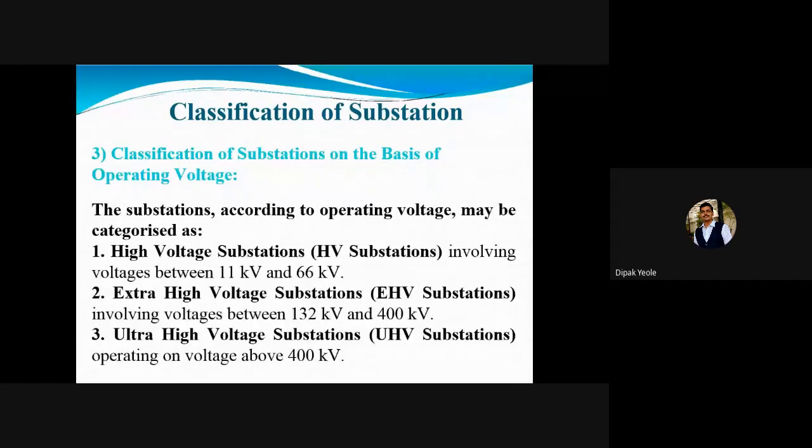And beyond 400 kilovolt, 765, or nowadays there is a concept of 965, it stands under the category of ultra high voltage substation. It is obviously in the quantity of AC. Yes, so we have not written over here the classification of substation on the basis of operating voltage for AC.